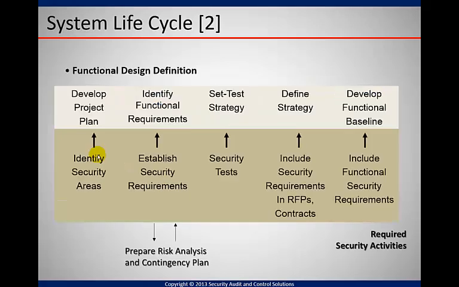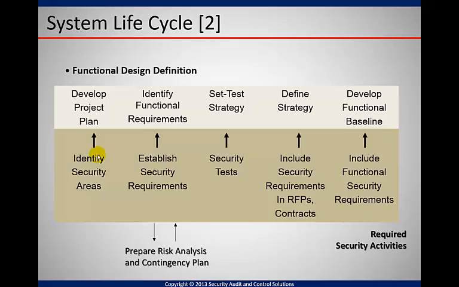In the functional design specification, business develops a project plan, that's the developers. Security identifies security areas. Business will identify functional requirements. Security will establish security requirements, and prepare a risk analysis and contingency plan here.